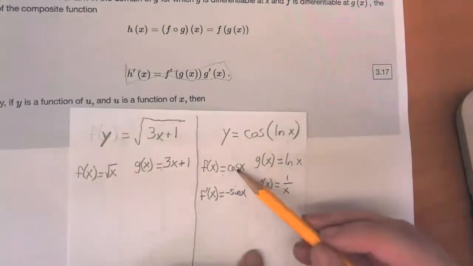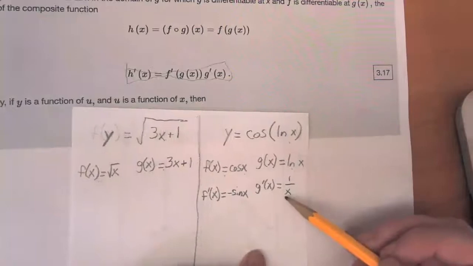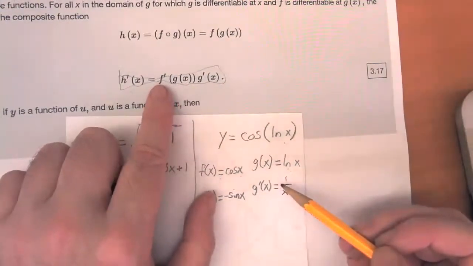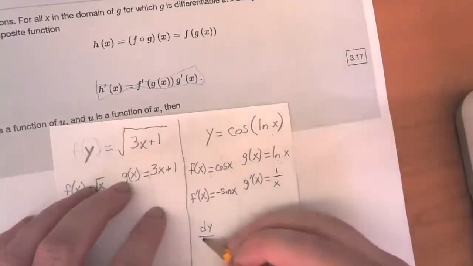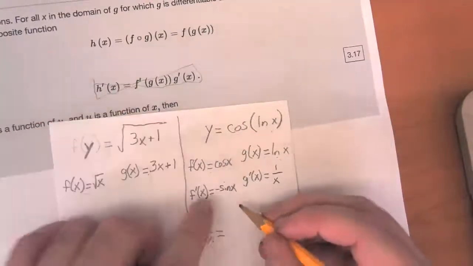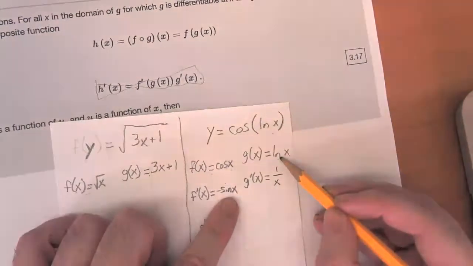So the derivative of cosine is negative sine. The derivative of natural log is 1 over x. So what we do here is the derivative of y with respect to x is equal to the derivative of f, which is negative sine of x, but instead of x, we're going to use g of x.